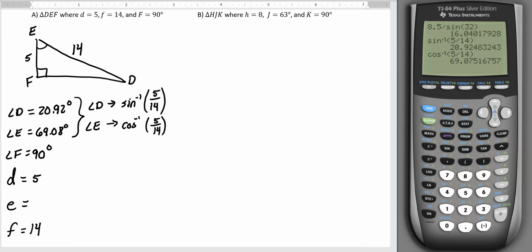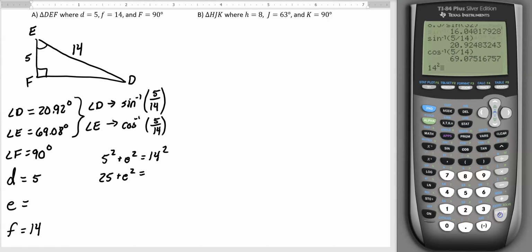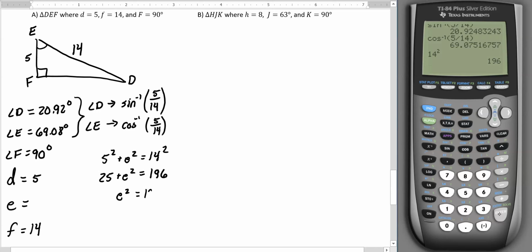And then for side E, I can use Pythagorean's theorem. So I'd say 5 squared plus E squared equals 14 squared. So 25 plus E squared equals 14 squared. It's helpful to put in our calculator, but it's 196. So I'd say E squared equals 196 minus 25.